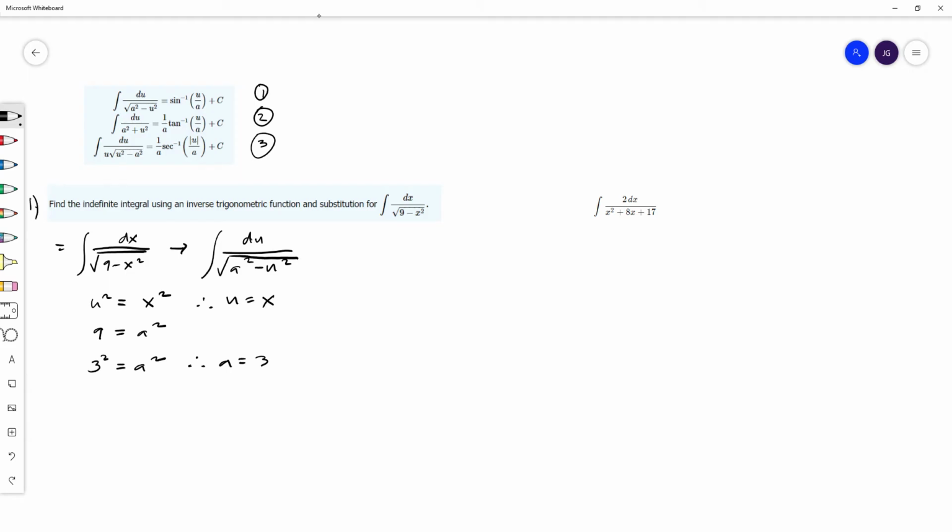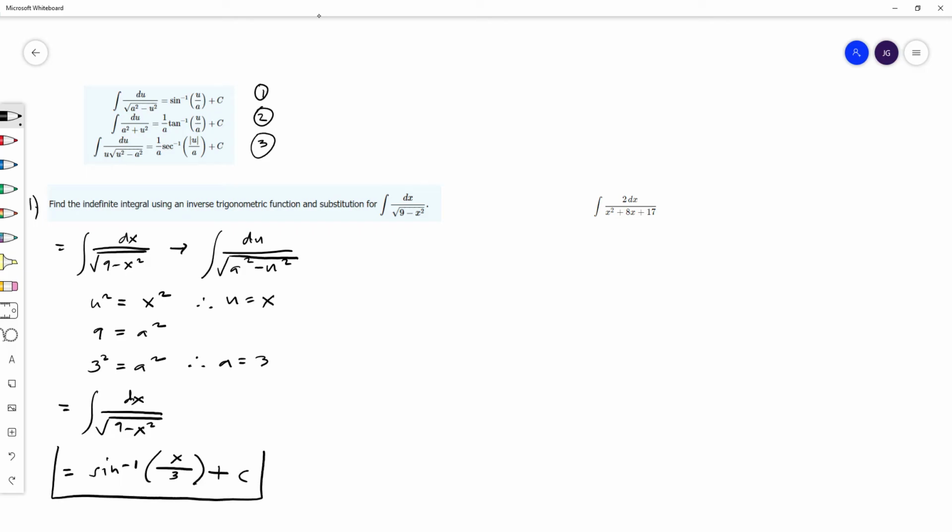From this, we can simply say that our equation dx over the square root of 9 minus x squared is equivalent to arc sine of u, where u is x, over a, whereas our a is 3. And don't forget our constant c.